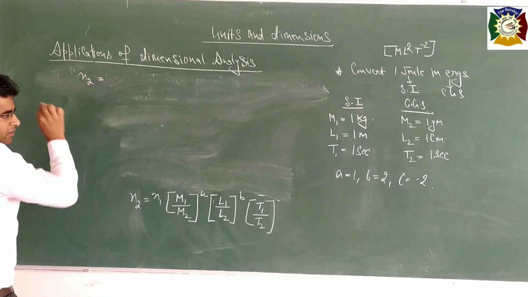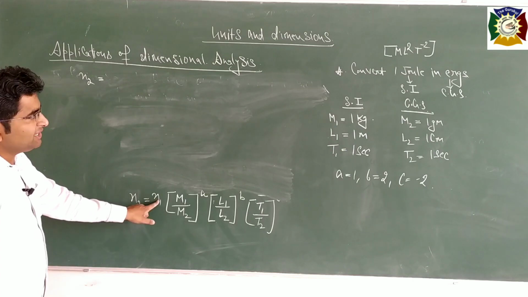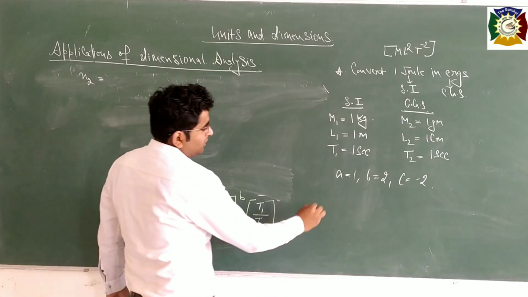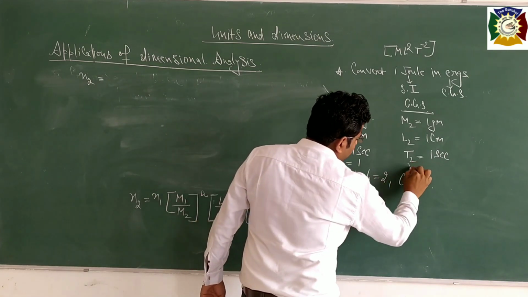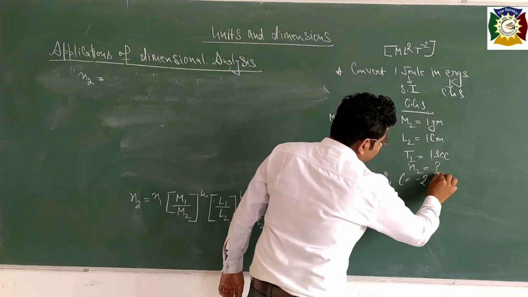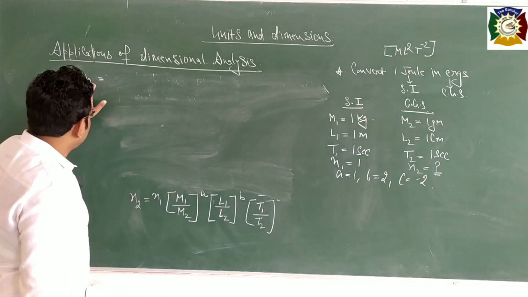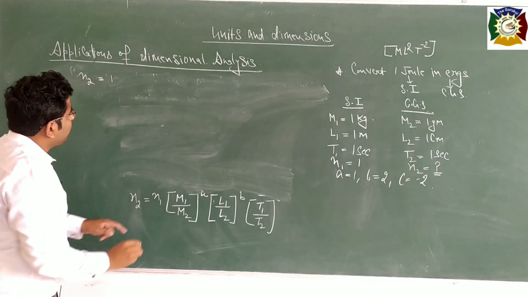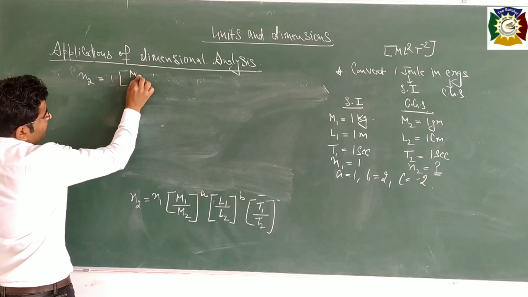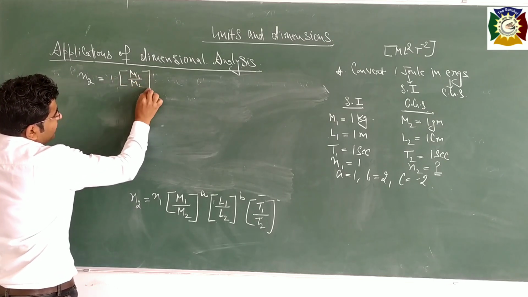N2 we have to calculate. N1 is 1 joule. So N2 will be equal to N1 into M1 divided by M2, power a.